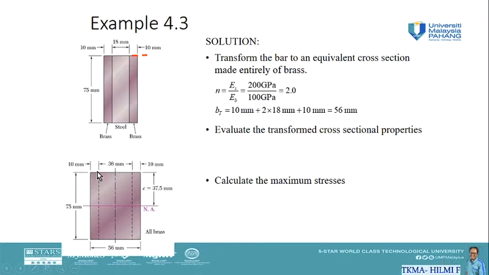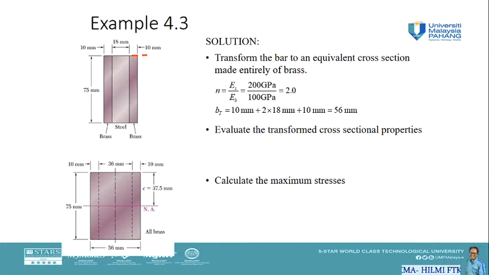The width of the brass will remain the same, 10 millimeter for both sides. So now we have a total width of 10 plus 2 times 18 plus 10, which is 56 millimeter. So the width of the transform section is now 56 millimeter.